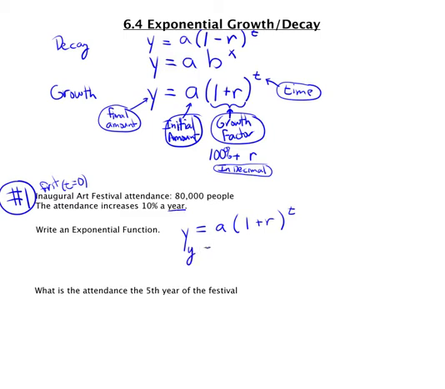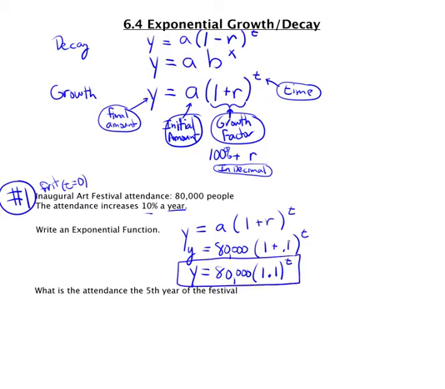So y equals, the initial amount is 80,000 times 1 plus the percentage of 10%, but remember we have to use the decimal form, so 0.10 to the t, and then we will simplify that to 80,000, which is our initial, our y-intercept, times 1.1 to the t, and there is our equation, or our exponential growth function.